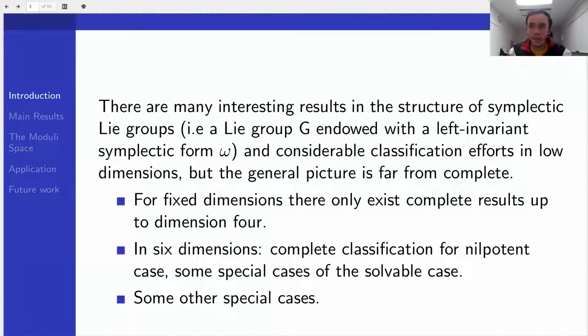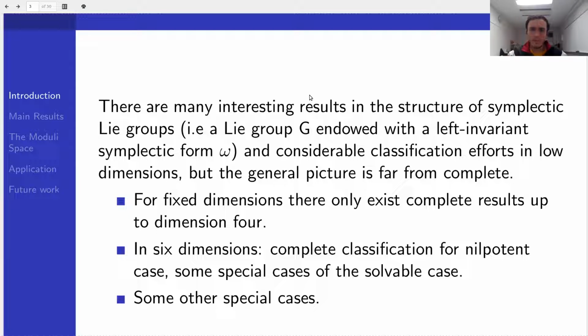It's not the symplectic group of transformations that preserves it. Usually they are called symplectic groups. So it's a Lie group that has a left-invariant symplectic form.